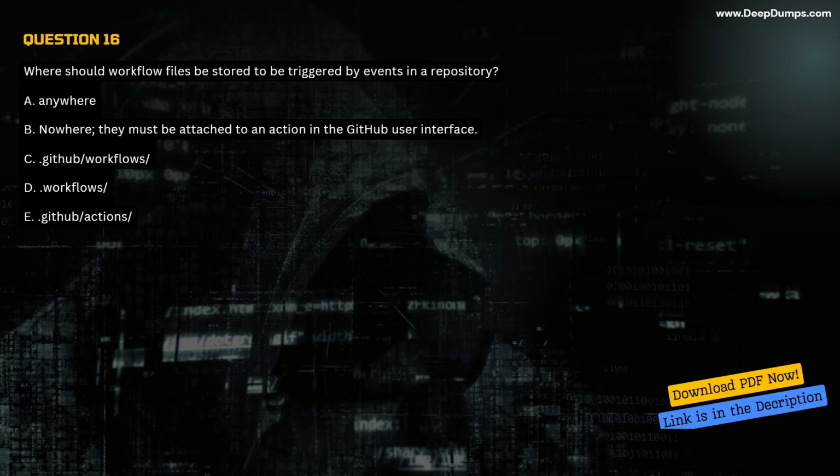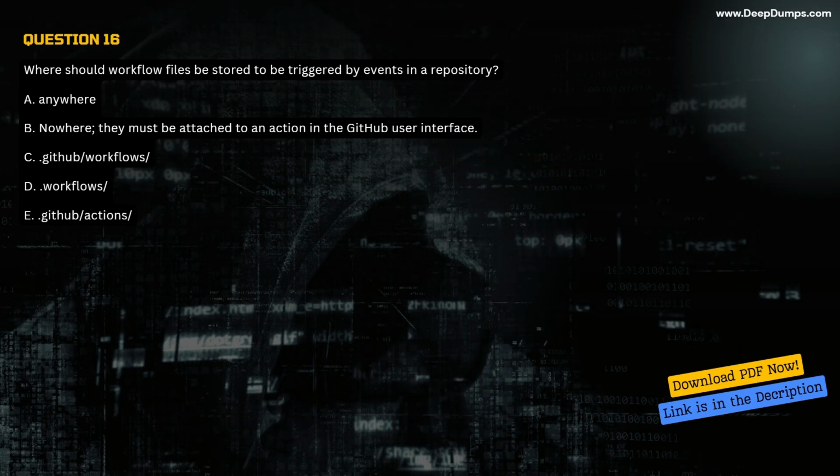Question 16. Where should workflow files be stored to be triggered by events in a repository? A. Anywhere. B. Nowhere. They must be attached to an action in the GitHub user interface. C. .github/workflows/ D. .workflows/ E. .github/actions/.